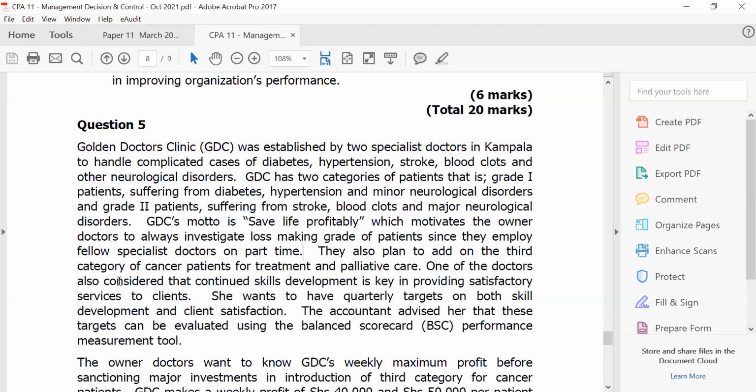One of the doctors also considered that continued skills development is key to providing satisfactory services to clients. She wants to have quarterly targets on both skill development and client satisfaction. The accountant advised her that these targets could be evaluated using the balanced scorecard performance tool.